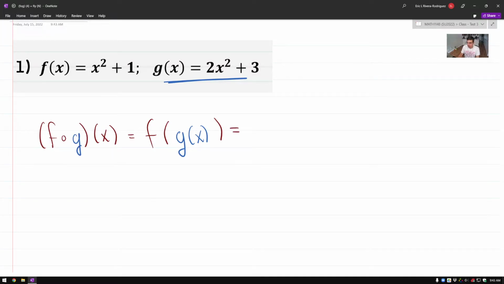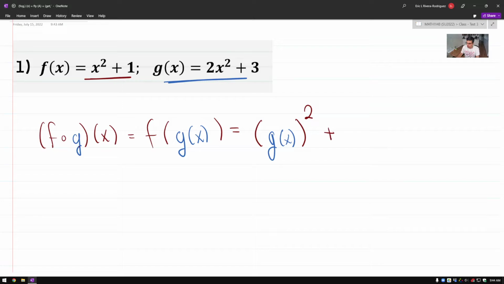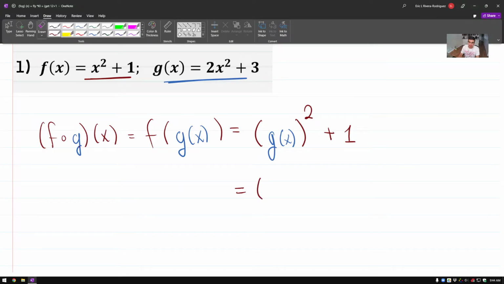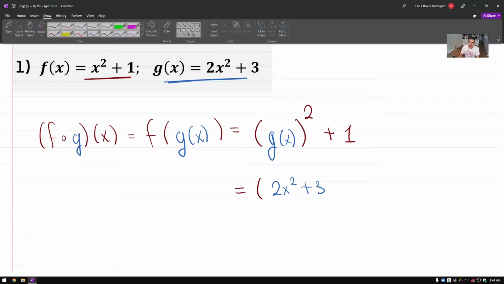So the next step is we're going to take the definition of f, but instead of using x, we are going to use g of x, because g of x now is the argument, squared plus 1. Okay. Then what we need to do is replace g of x with its definition, which is 2x squared plus 3, and then we complete this.